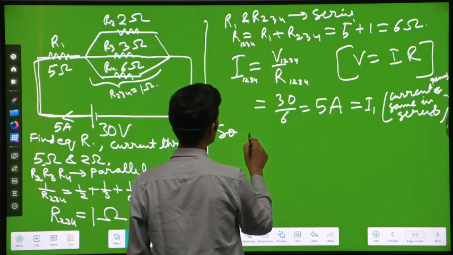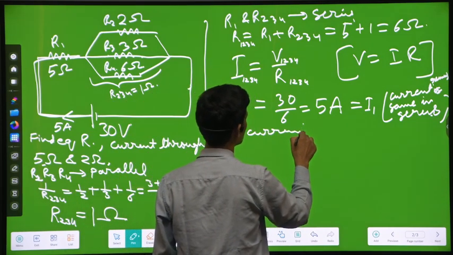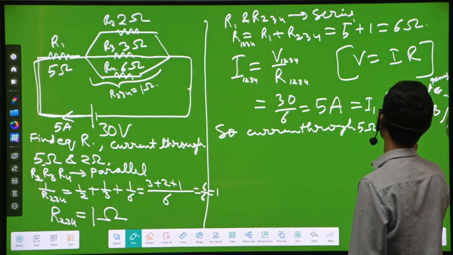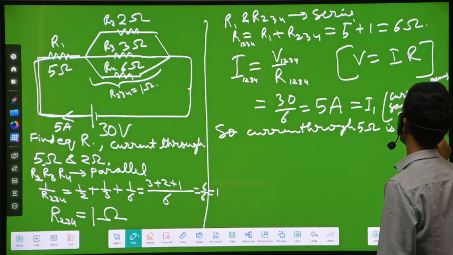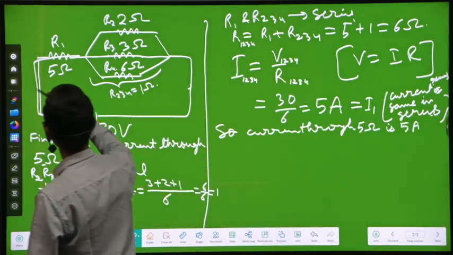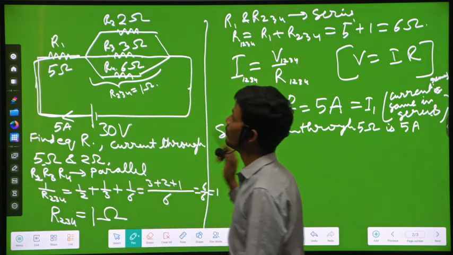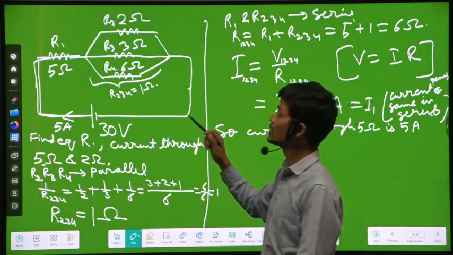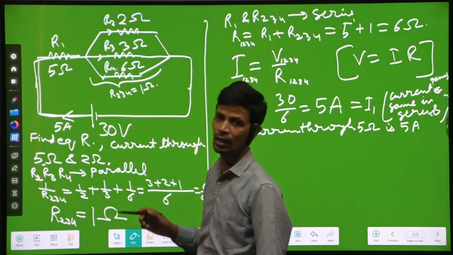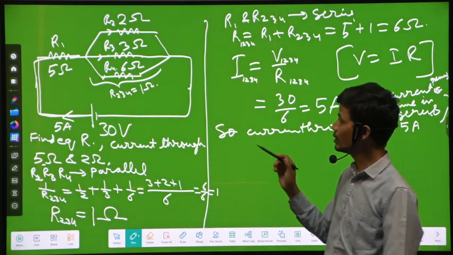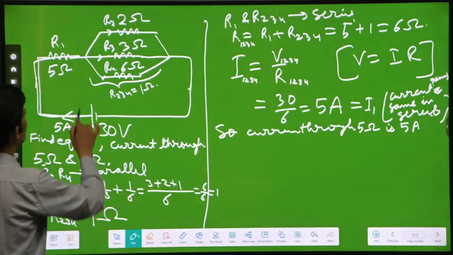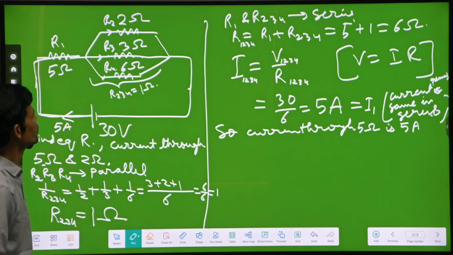So the current through the 5 ohm is 5 ampere. This entire current will go through R1, but remember, the same current is not going through R2 or R3 or R4. This 5 ampere will get divided among them.